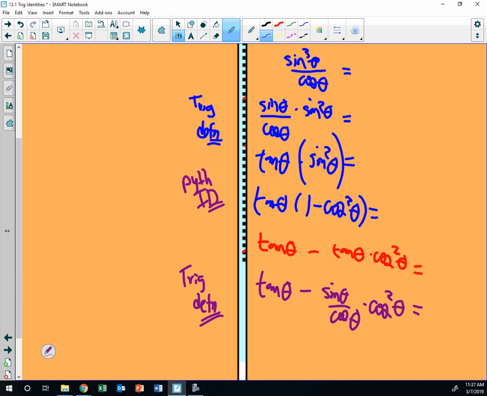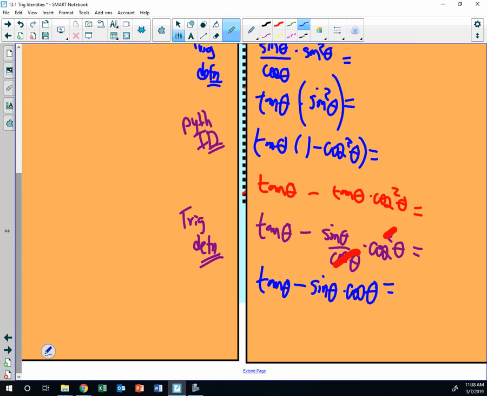And then all we have to do is what? What's left? Lose one of the cosines. And so that will result in tangent theta minus sine theta times cosine theta, which is equal to what we were looking for. Sine theta, cosine theta, left-hand side equals right-hand side, and we are done.